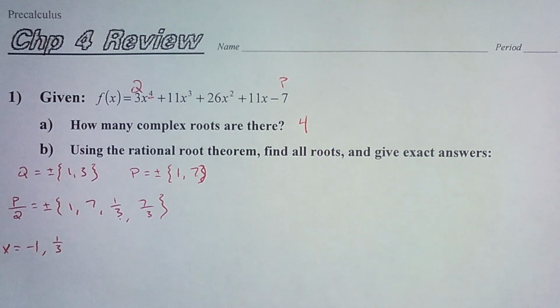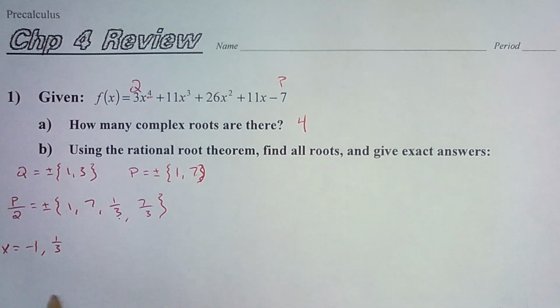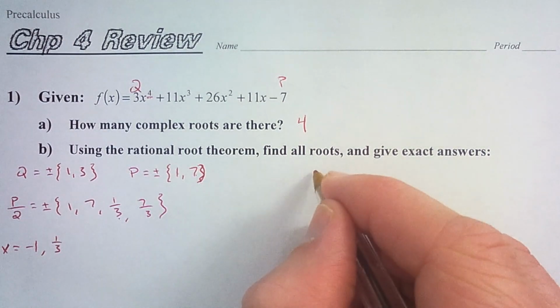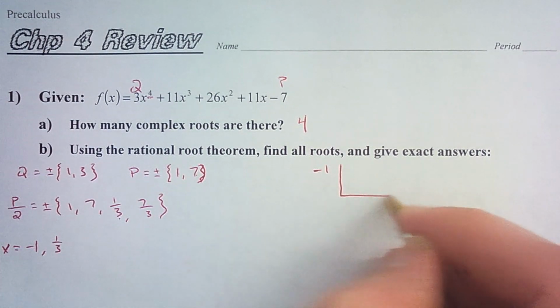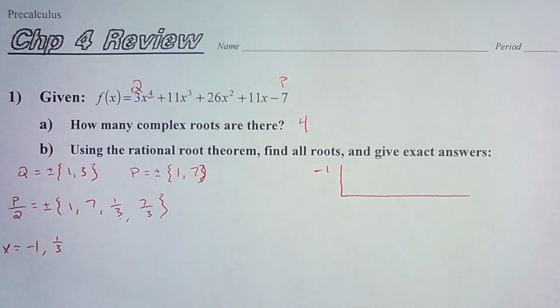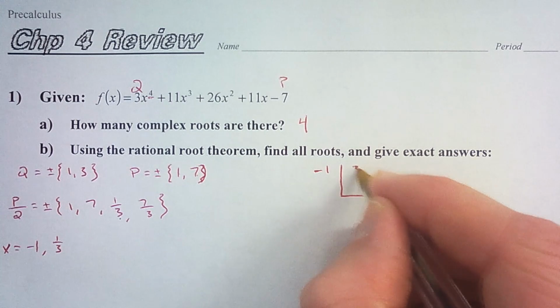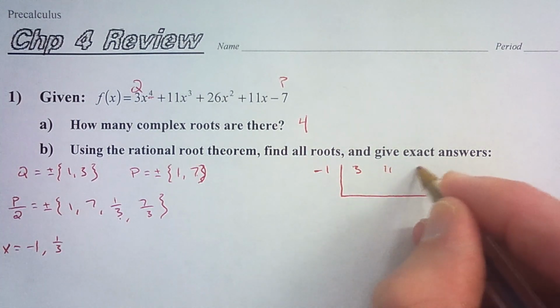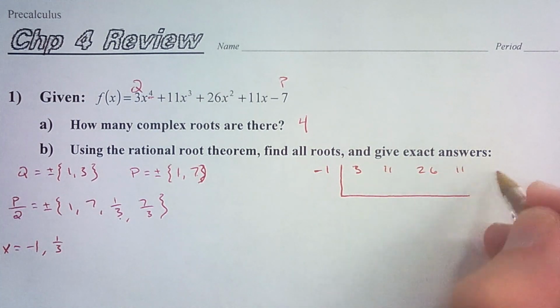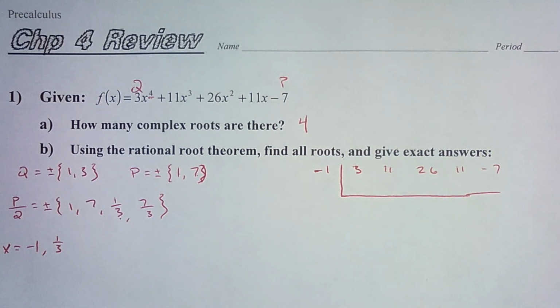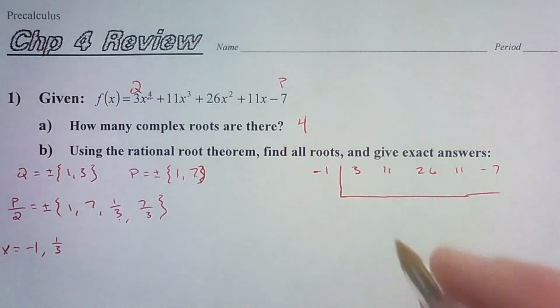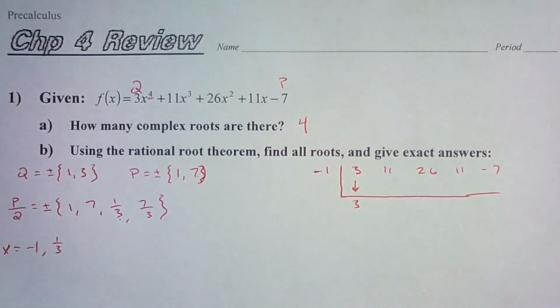Okay, so our next move is to use synthetic division. So I'll put -1 outside. I'll use the -1 first to deal with fractions later instead of dealing with fractions right from the beginning. So -1 outside, and then I have 3, 11, 26, 11, -7 inside. So I start my division by bringing down the 3, and then I multiply and add until I get all the way through.